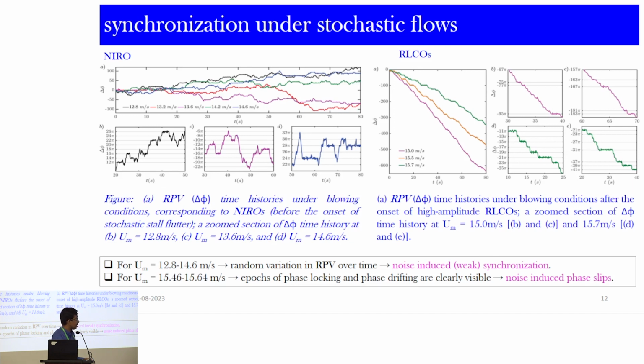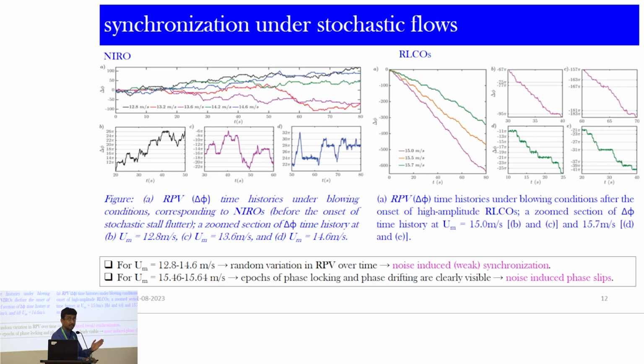Initially, in the noise-induced random responses, which are of much lower amplitude, we have very weak synchronization, which is expected. But as you transition to LCOs, we still see the persistence of asynchrony, which we specifically call epochs of phase locking and drifting. So you have some kind of noise-induced phase slip still present, which is largely due to the drop in amplitudes that we get here.